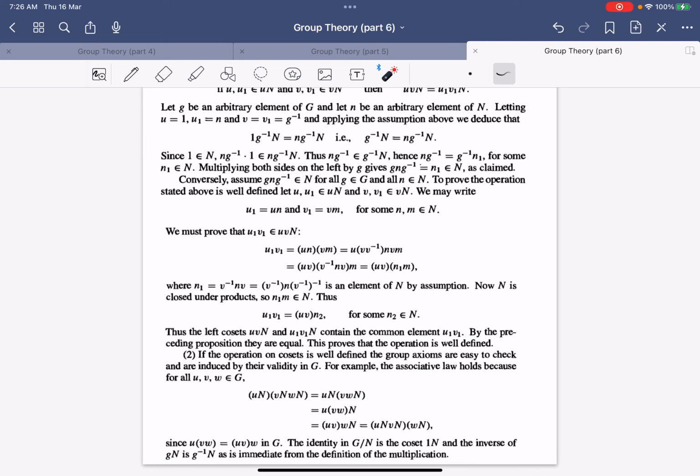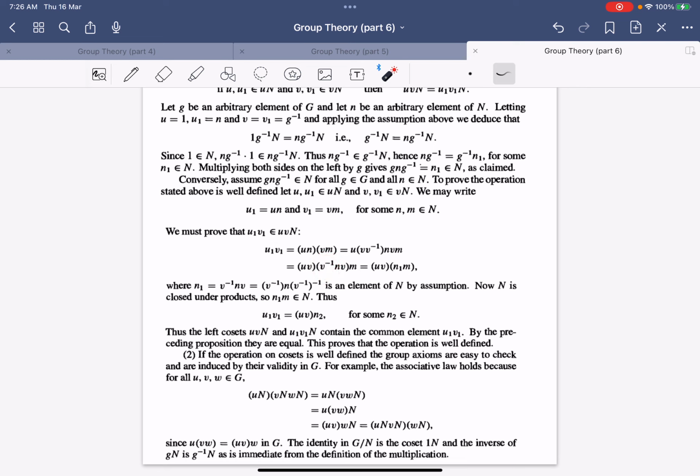It's really straightforward because u1 v1 can be written as un vm, and then you can multiply by v and v inverse. So u v inverse n vm equals uv, then you multiply this conjugate times m.